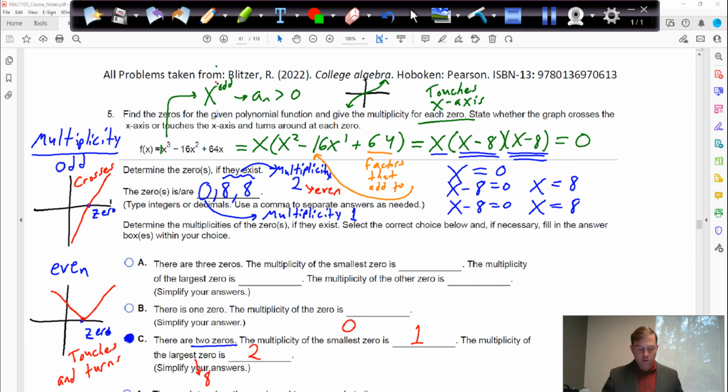Now, in the next part, we have to answer if it touches or crosses. This is even, so it's going to touch and turn. This is odd, so when x is 0, it will cross the x-axis.